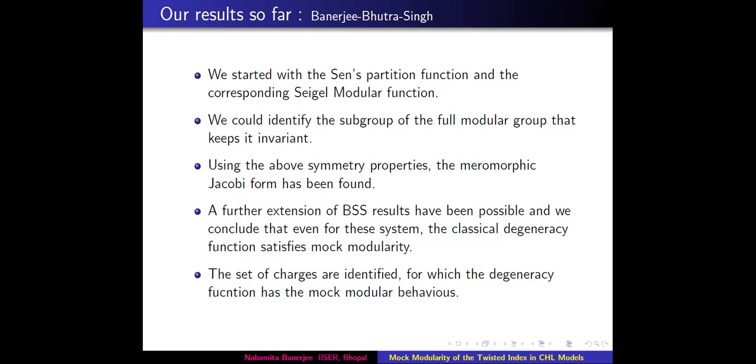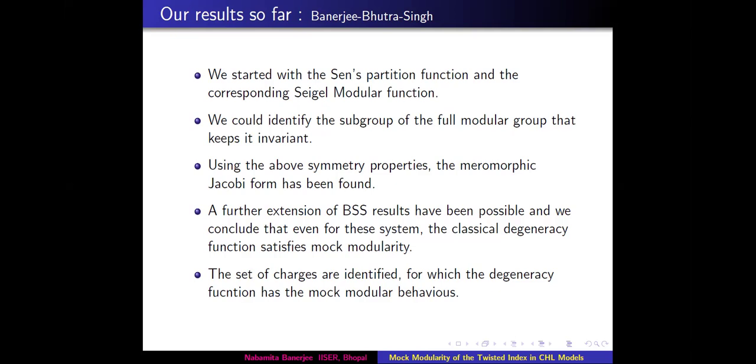As I was saying, these can be expanded like this, or they can also be expanded in terms of a different function, psi_n, sigma_n(z), and exponential of 2 pi i tau n.